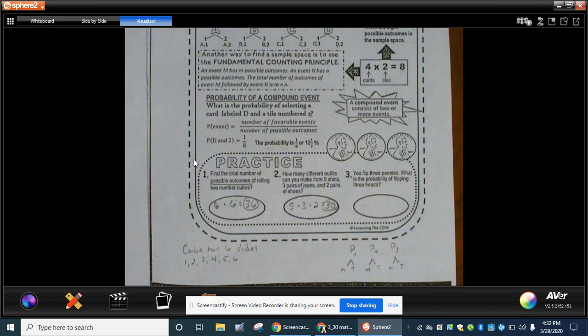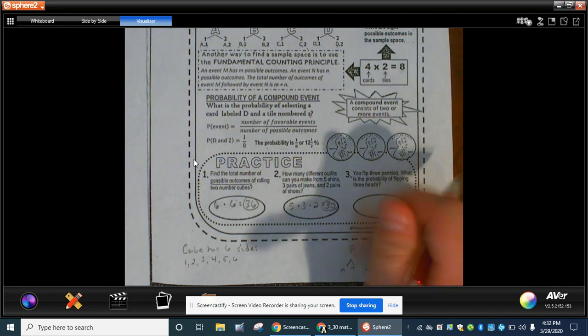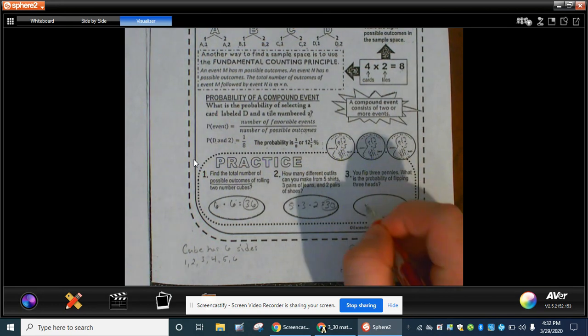So this would be like a sample space, but it doesn't really give me all the outcomes like I would think it does, right? So I'm still going to use the fundamental counting principle for this, even though I have drawn a sample space or a tree diagram for this right here. The probability of getting a heads for penny 1 would be 1/2.